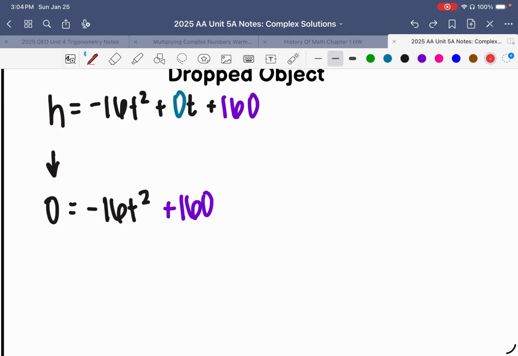For this one, I noticed that I no longer have a b term, so I'm going to solve by taking square roots.